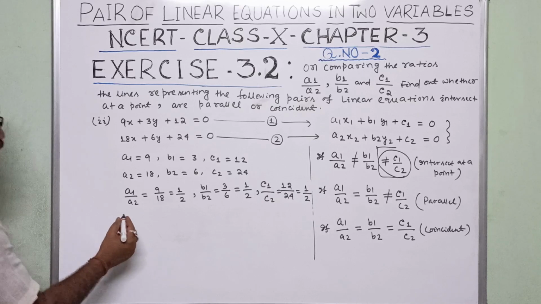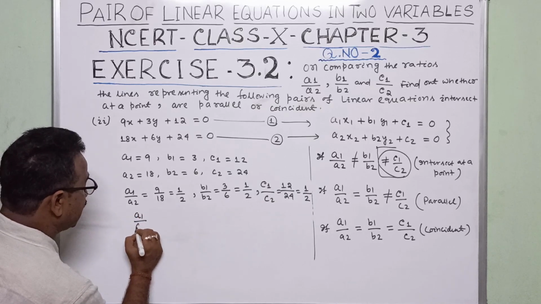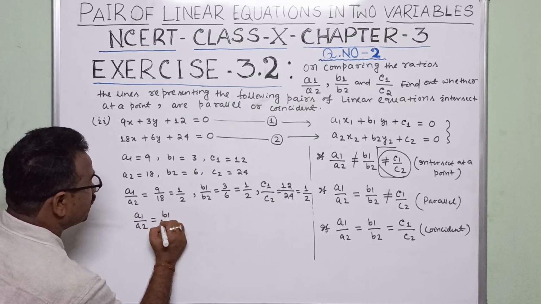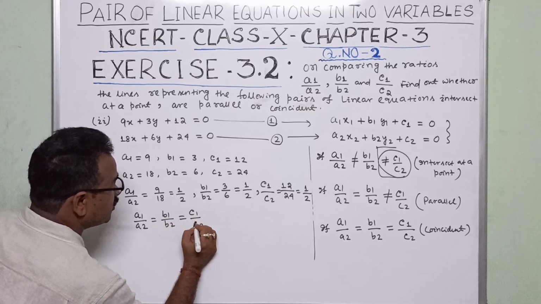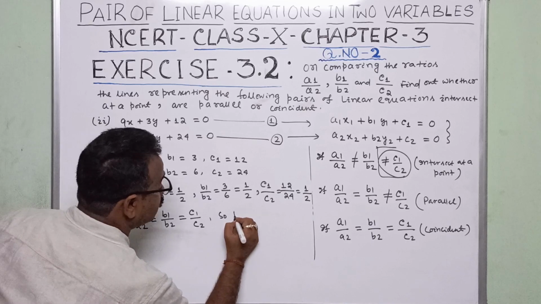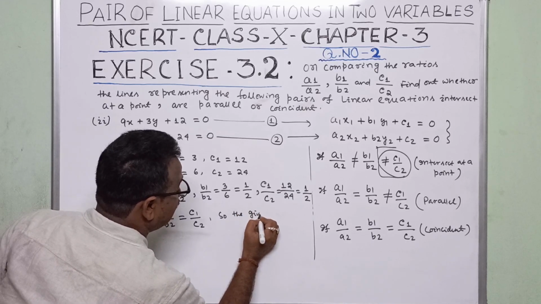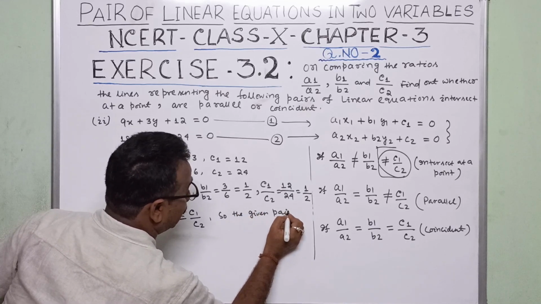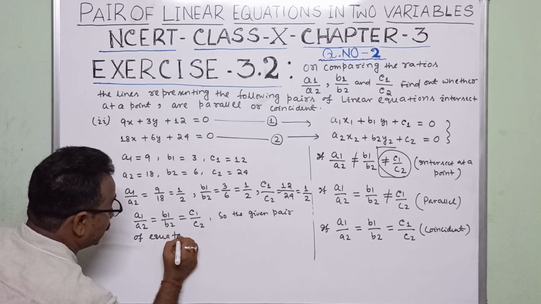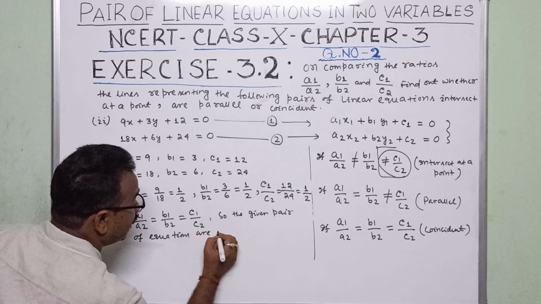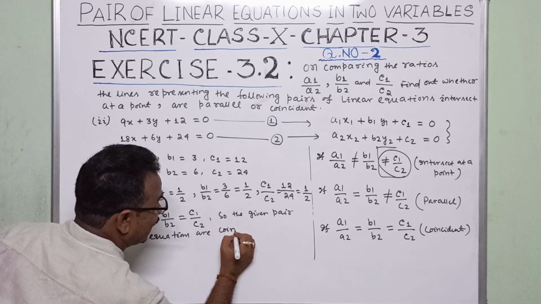Here a1 by a2 is equal to b1 by b2 is equal to c1 by c2. So the given pair of equations are coincident.